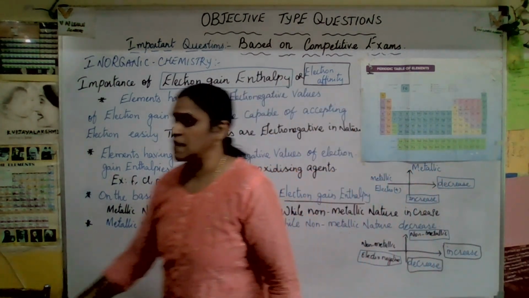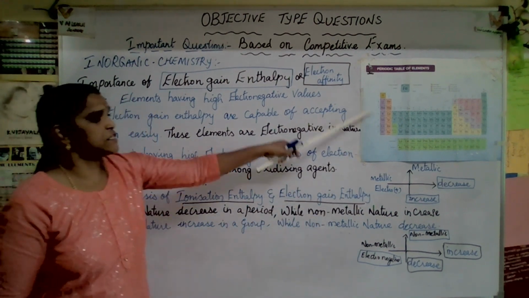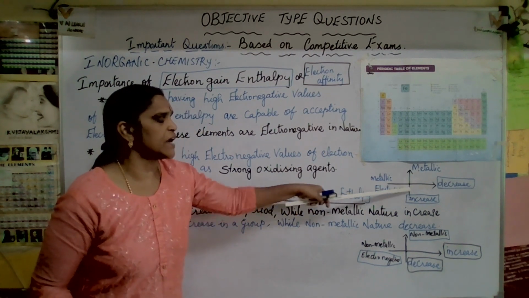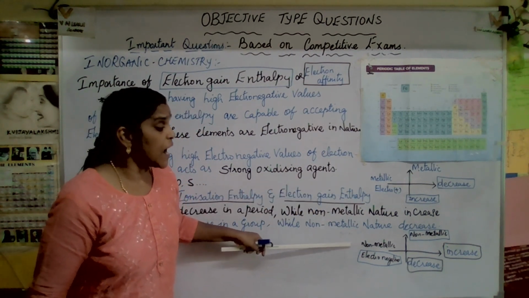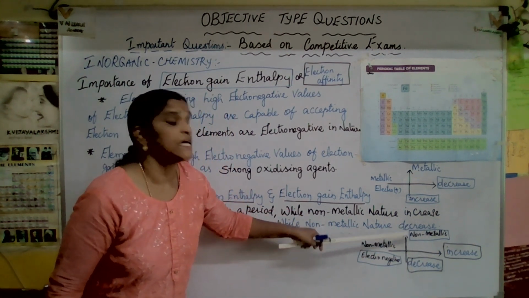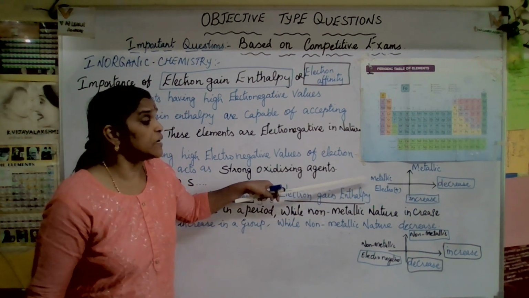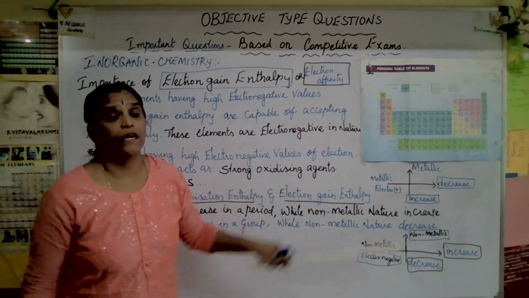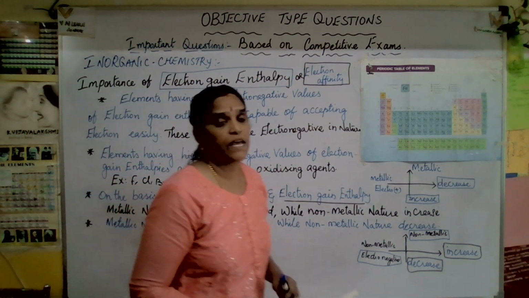This is the group and this is the period, so I put the arrow mark that way. But metallic nature in a period is decreasing, while in a group it is increasing. So we have seen metallic nature and non-metallic nature.